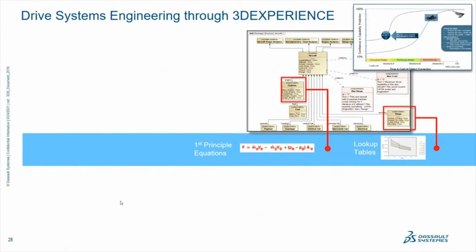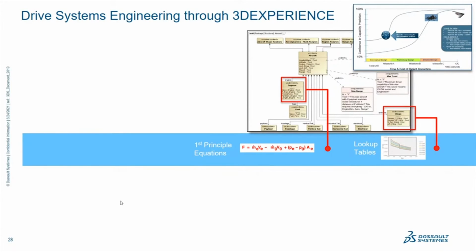So the whole point to this is that, as Chris was saying before, we want to try and move the confidence curve further to the left. And to do that, we need to bring the simulations much earlier in the design process. And the 3D Experience platform, working in conjunction with Cameo, allows us to do that.